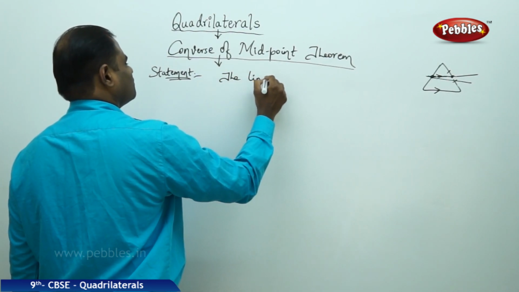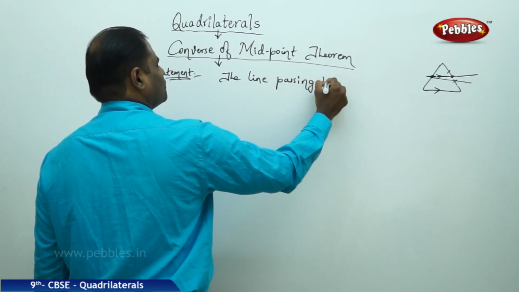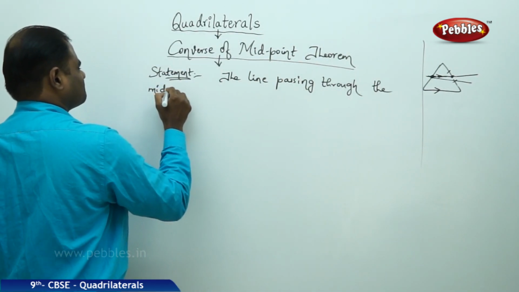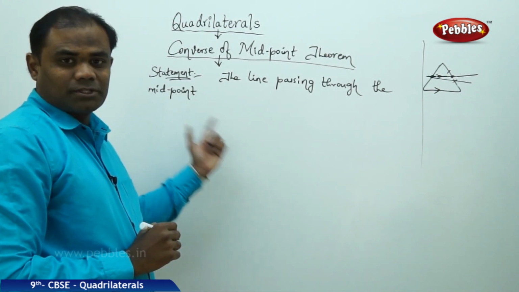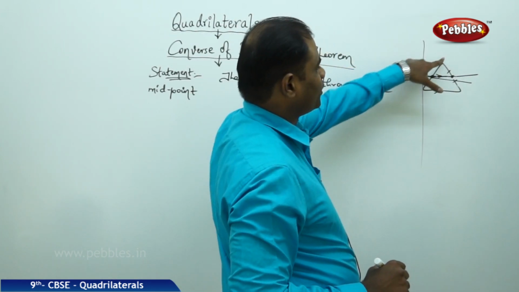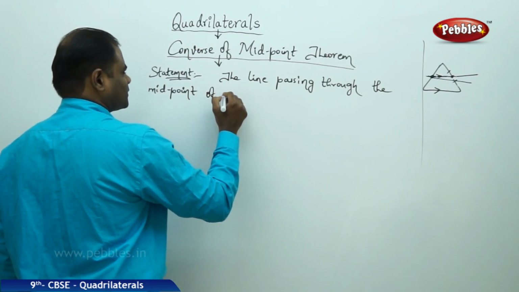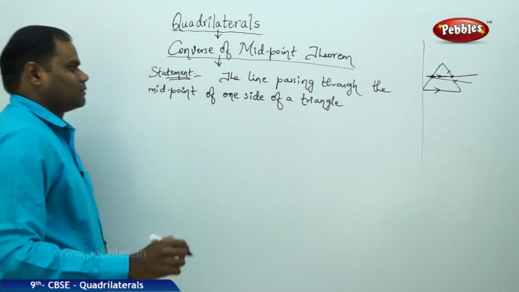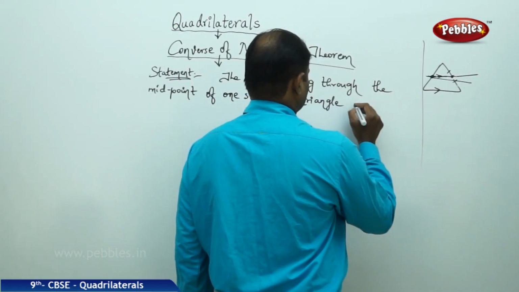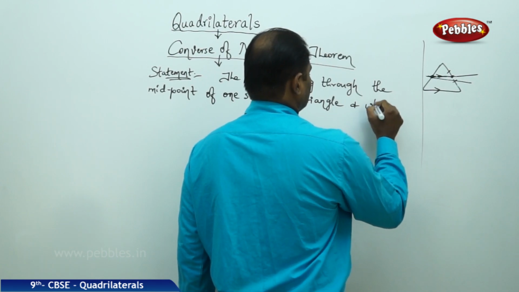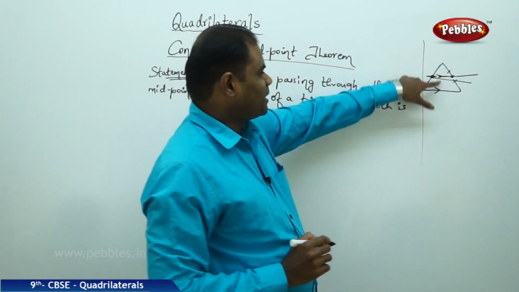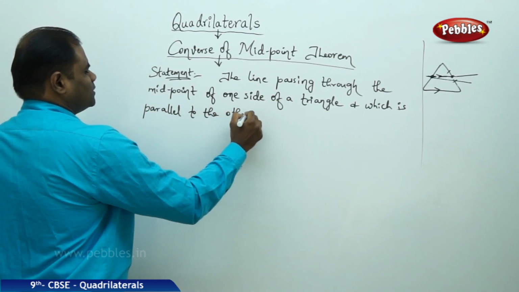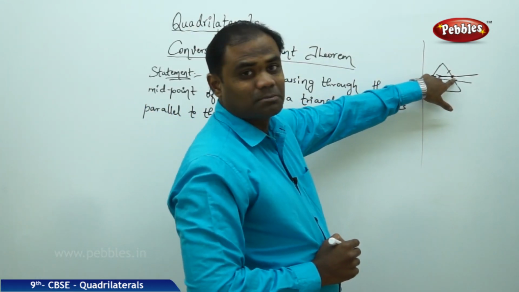The line passing through the midpoint of one side of a triangle and which is parallel to the other side must bisect the third side.